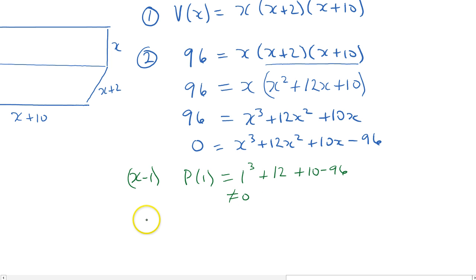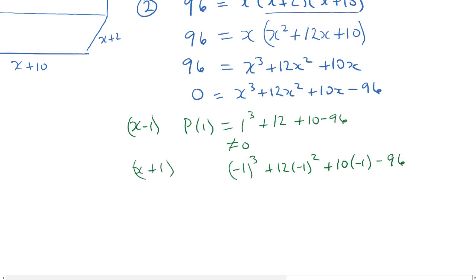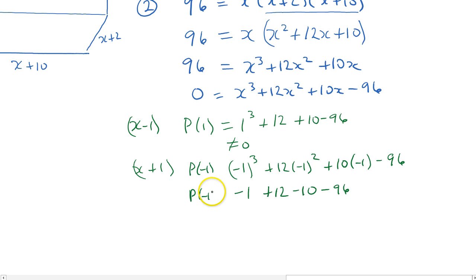Okay, so let's try x plus 1, in which case I'll be putting in a negative 1, so I'll get negative 1 cubed plus 12 times negative 1 squared plus 10 times negative 1 minus 96. So I get negative 1 plus 12 minus 10 minus 96. Here I'll put p of minus 1 using this polynomial.